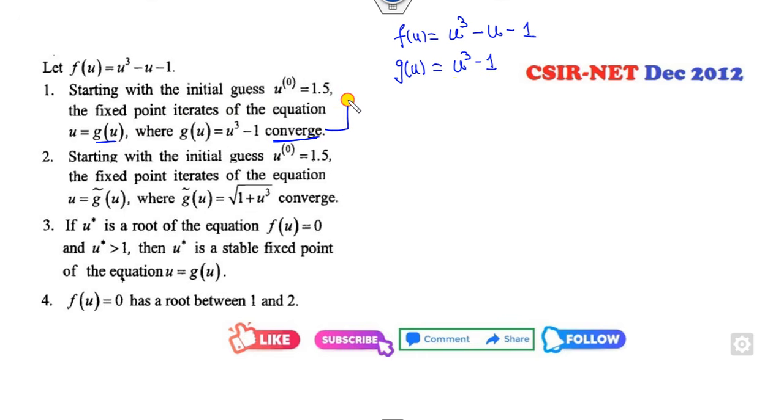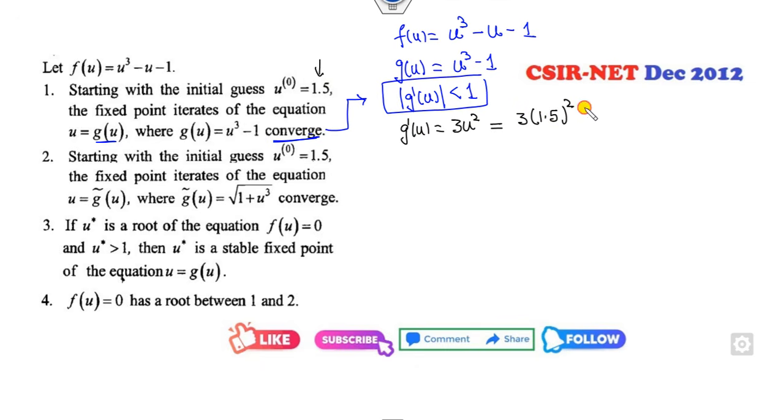When will it be convergent? When this condition holds. Fine. Now what is the g dash of u? 3u square. Initial value is 1.5. So 1.5 square, which is clearly not less than 1. So the first option is cancelled.